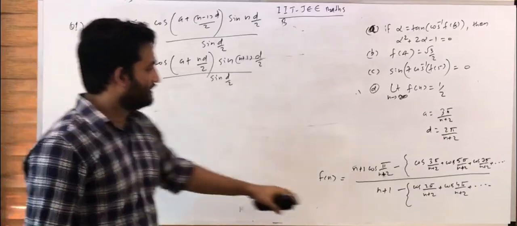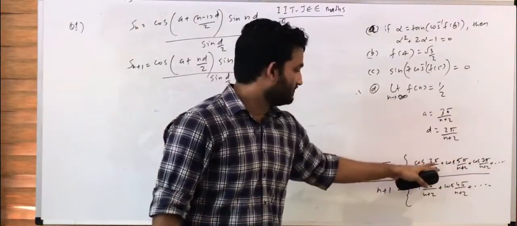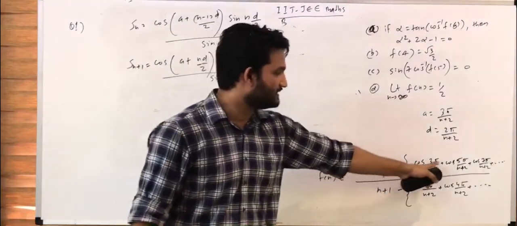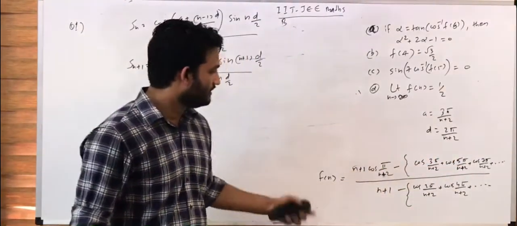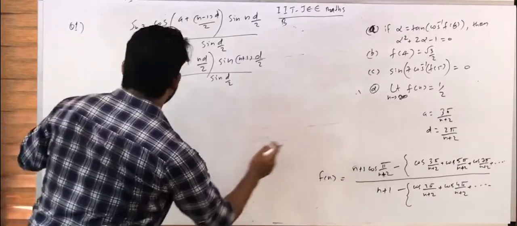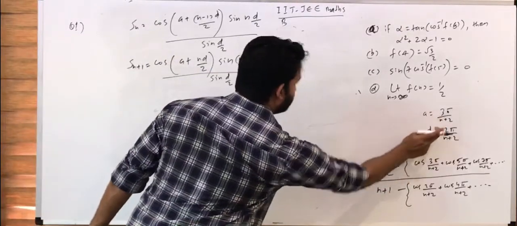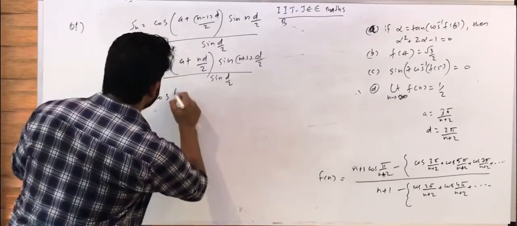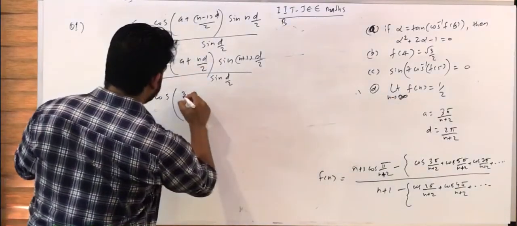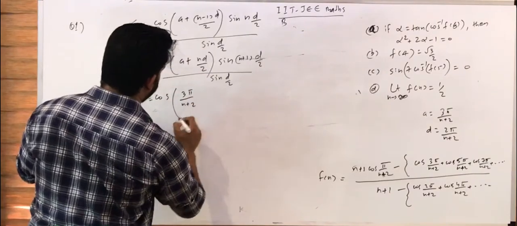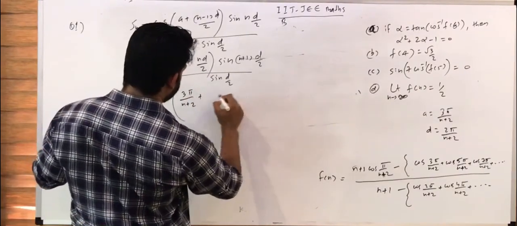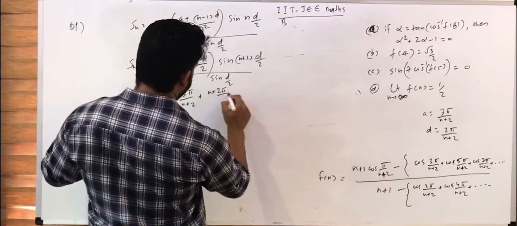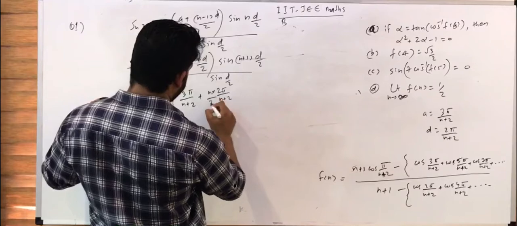Now we can evaluate this sum of series using this relation. First I am going to evaluate this only for the numerator. What is a here? 3 pi by n plus 2. So when we substitute, cos of a, the first term 3 pi by n plus 2, plus n into d by 2, where d is 2 pi by n plus 2.